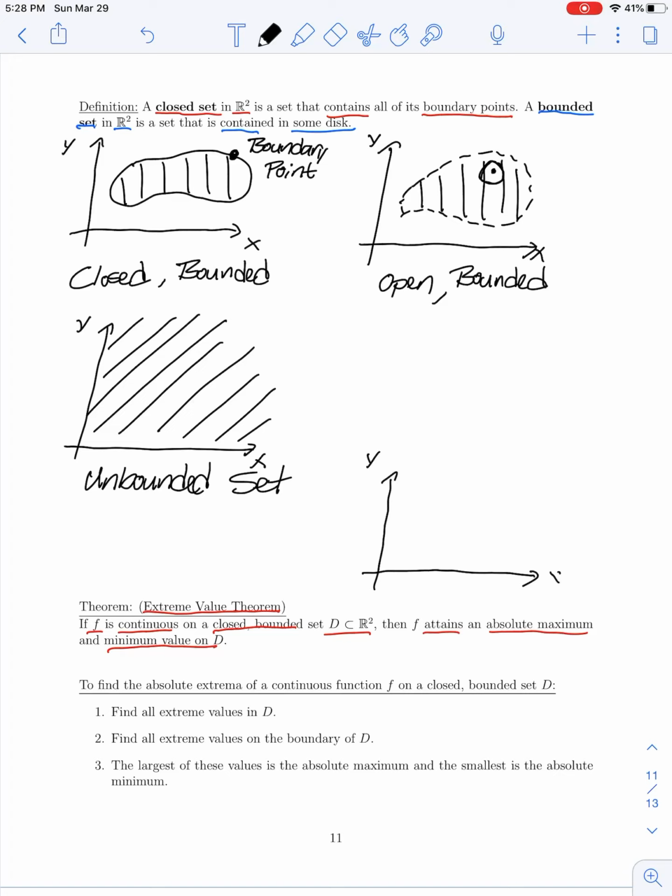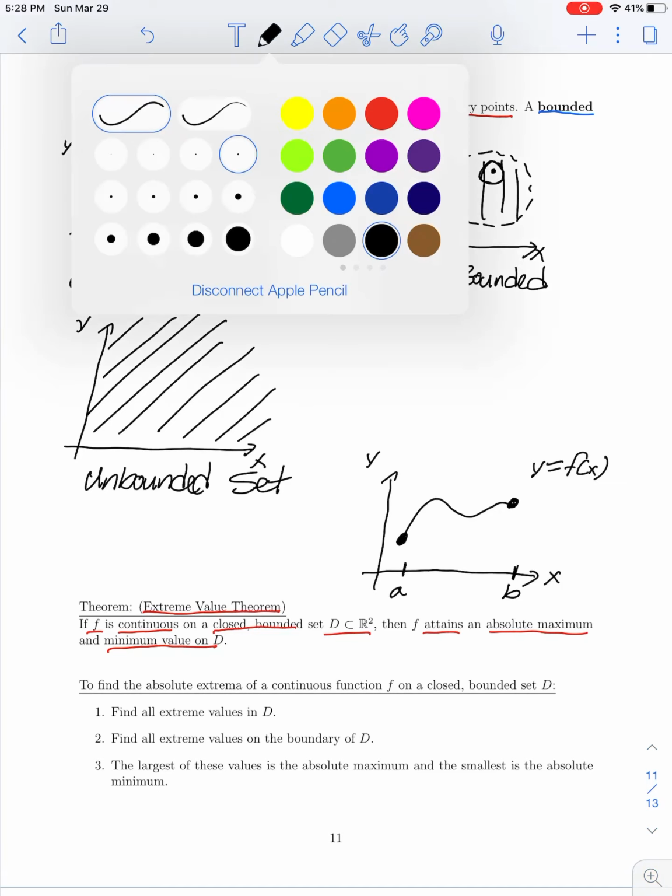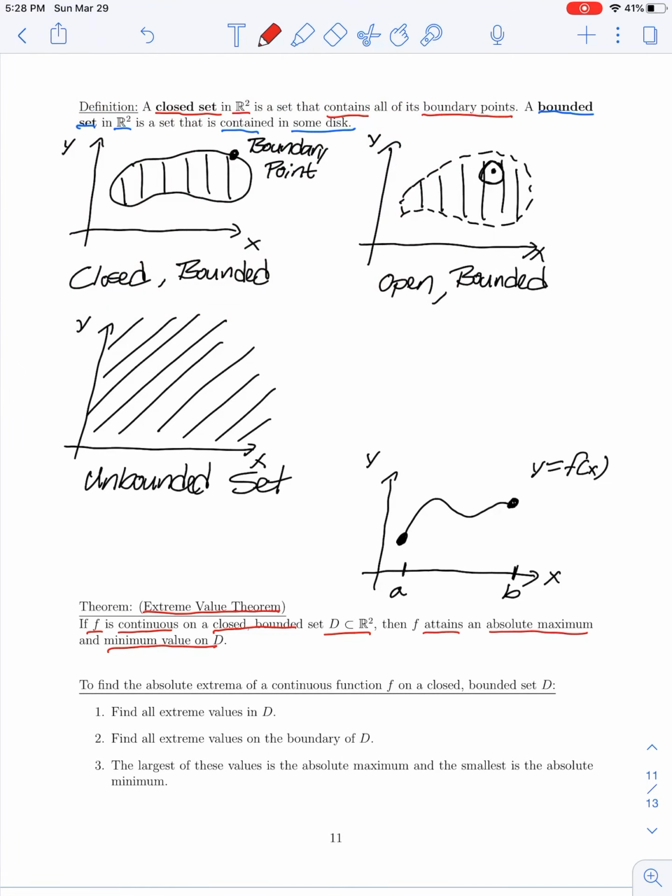And the way that we would go about finding the absolute values of a function would be to look at the function and where it would have its critical points within our closed interval from a to b, or we would look at the endpoints themselves.